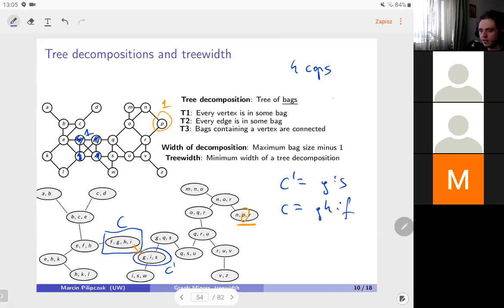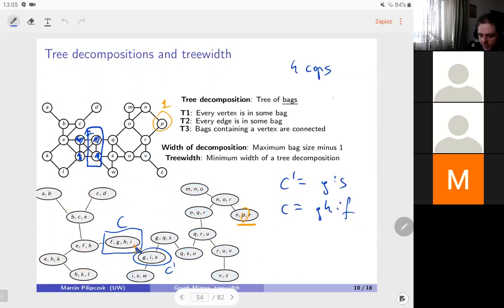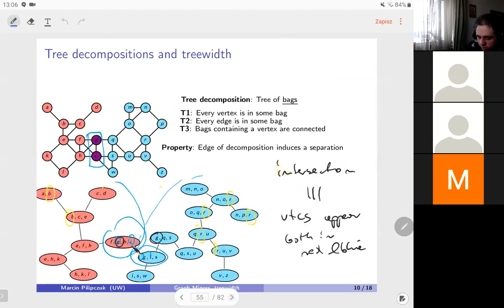That means that the cops at G and I stay and guard. This was the separator between the red part and the blue part, so the cops at G and I guard such that the robber cannot go to the red part.